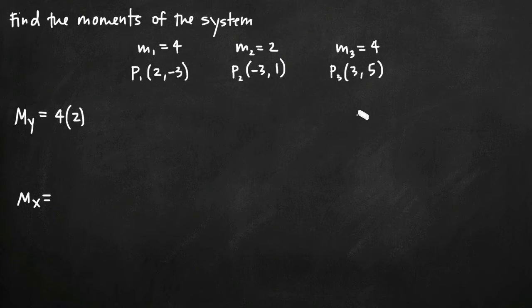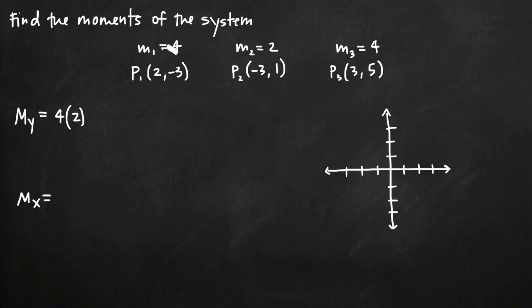And one way that we can think about this, we can actually plot these points, and sometimes you're given the masses on an xy coordinate plane like this and told to find the moments, and so you'll need to do the same thing. But essentially, if we have our x and y axes like this and we plot each of the points, we can see it visually.